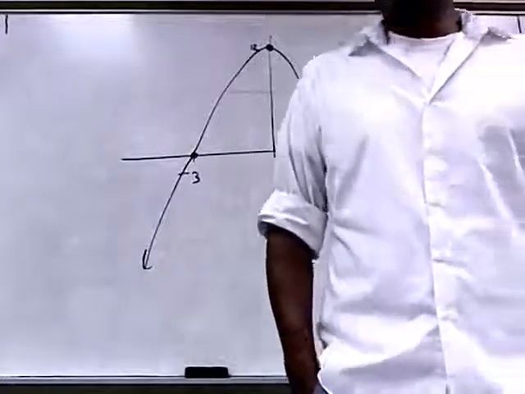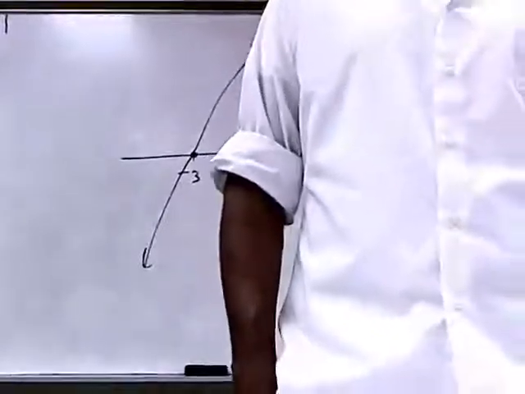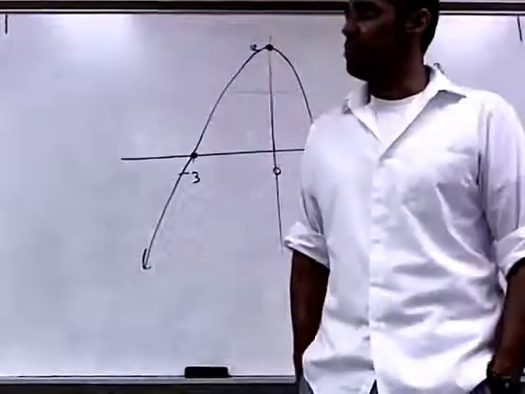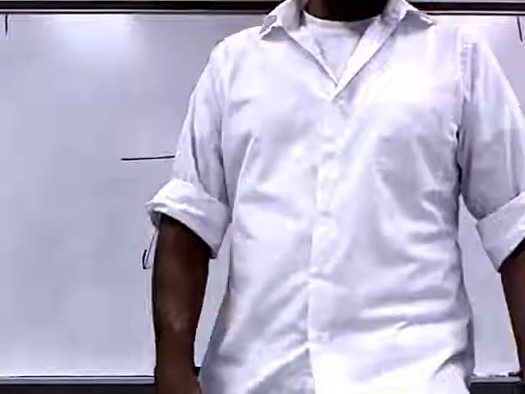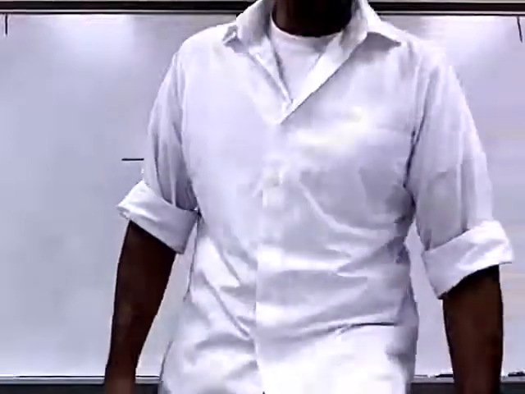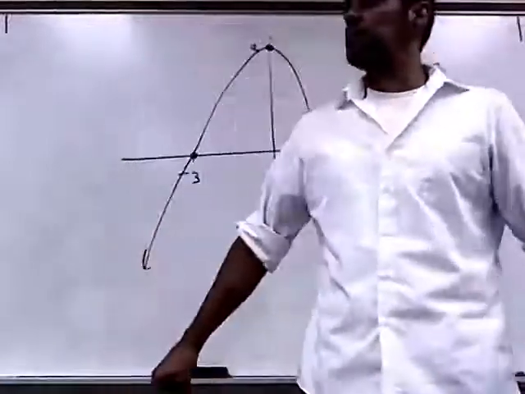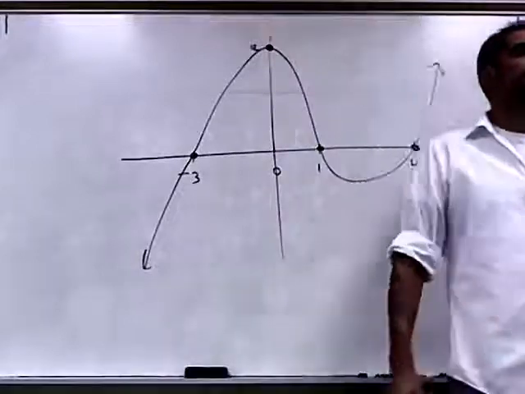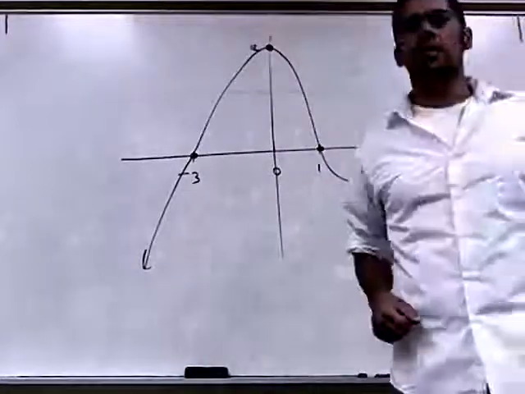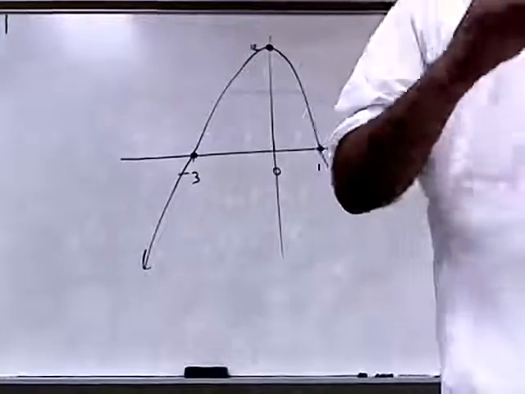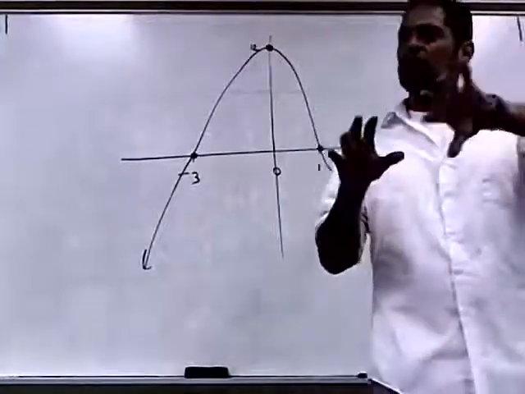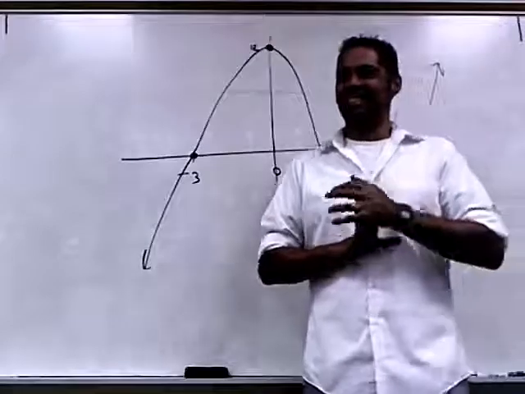Do it on separate paper to turn in as a quiz grade, as a group activity. As soon as you're done with that, you're free to go. Number 8. It's a rational function, so I want to see how y'all do. Feel free to move around if you want to join other people. You're each turning in your own. So you can join a group. If you don't like your group, you can move to a different table.